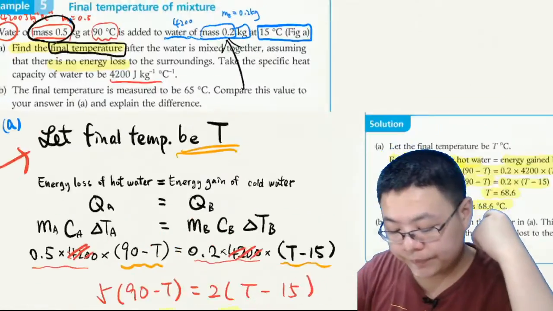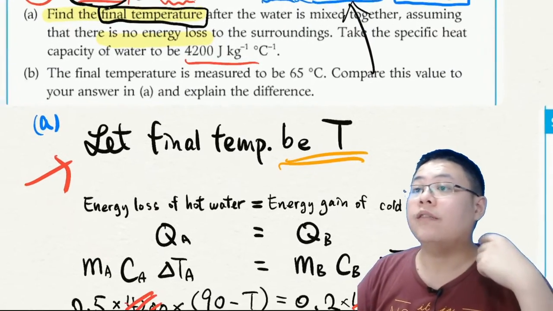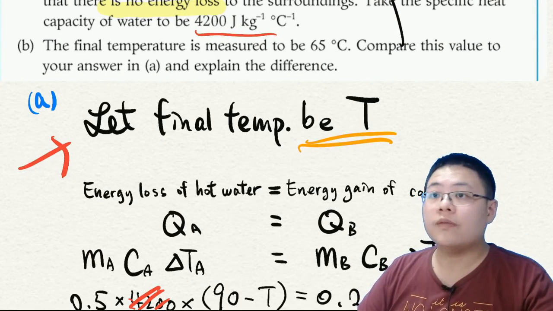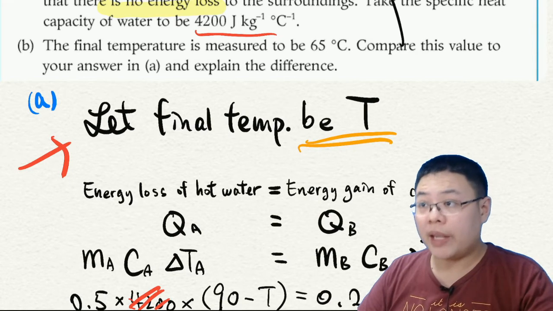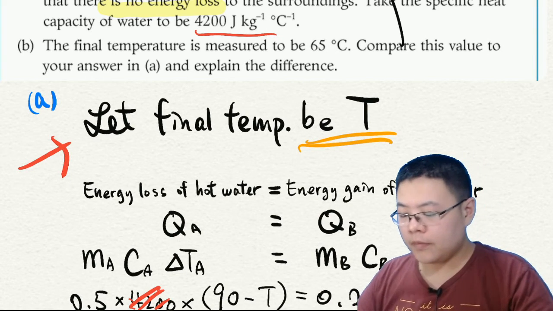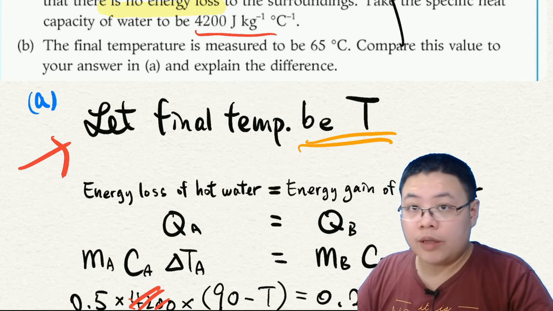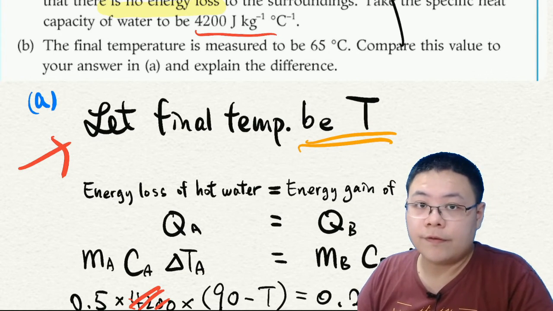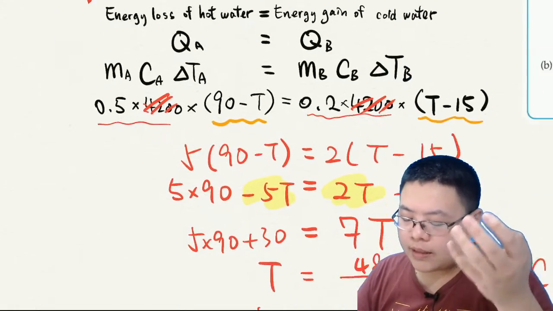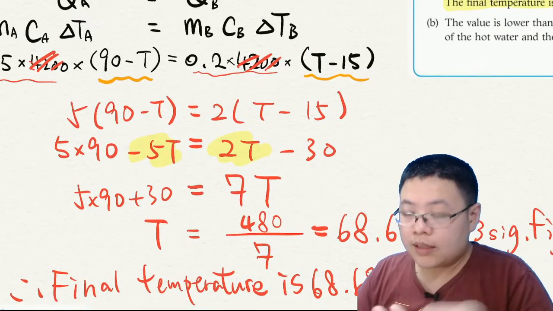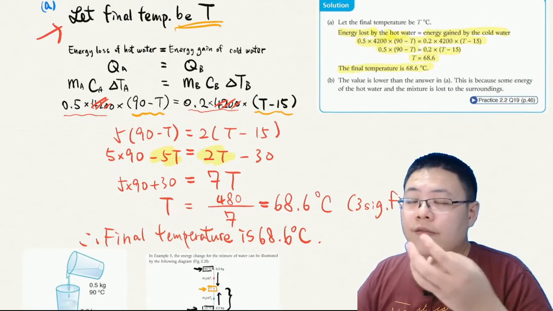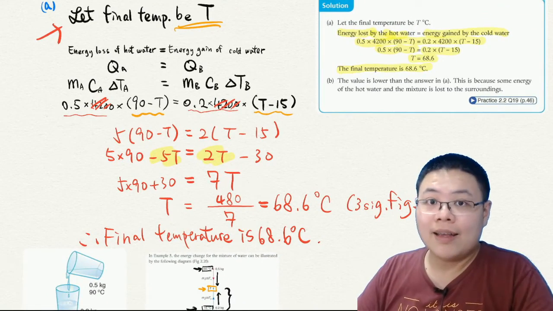And part B. The final temperature is measured to be 65 degrees Celsius. Compare this value to your answer in A and explain the differences. The final temperature, measured by the thermometer, is 65. However, we estimated it should be 68.6, right? 68.6 is 3.6 higher.